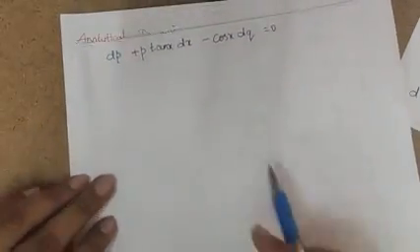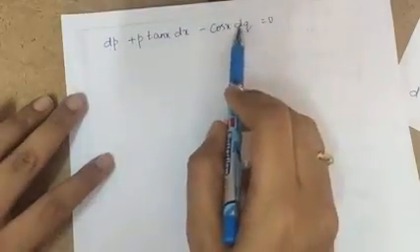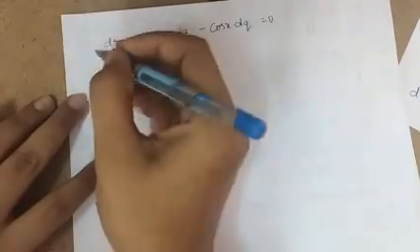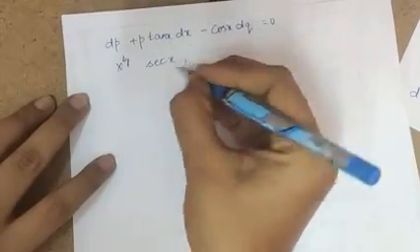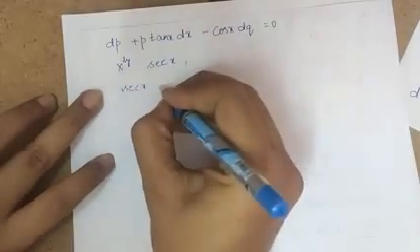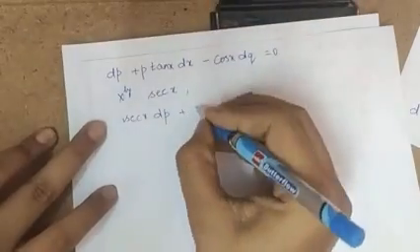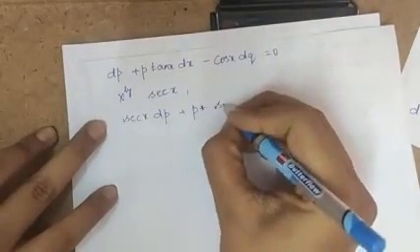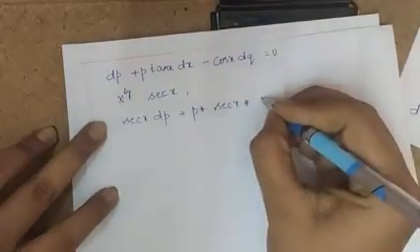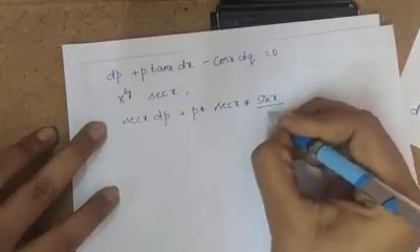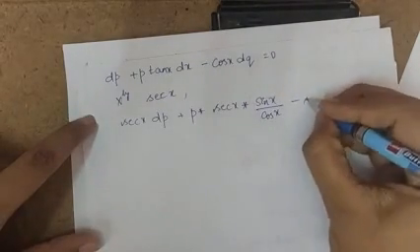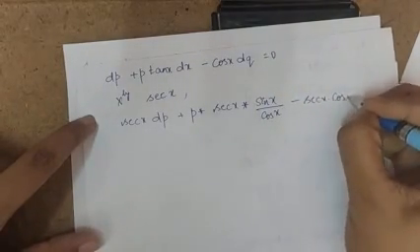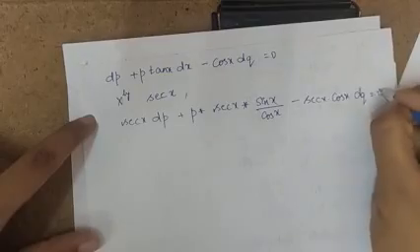So to make the equation simpler, I will multiply secant x throughout. So if I multiply secant x, what I will get? Secant x dp plus p into secant x into tan x, which is nothing but sin x by cos x, minus secant x into cos x into dq is equal to 0.